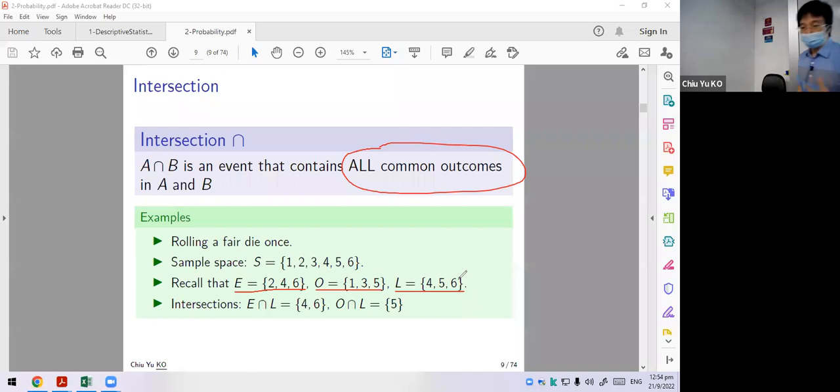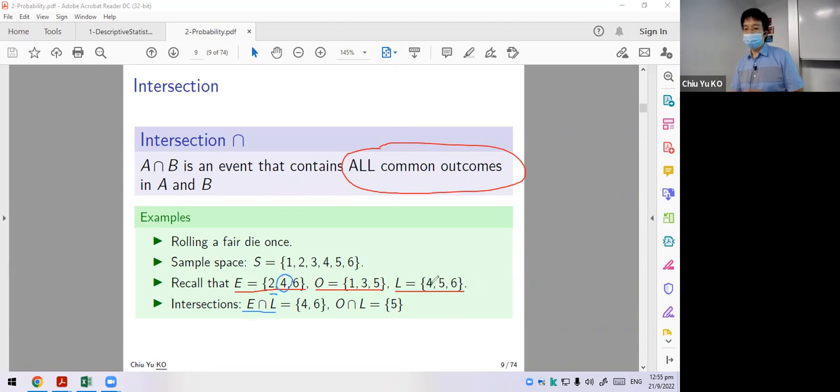how do we do the intersection? You look at two sets. If there's a common element, it will be in that set. If not, it's not. Very simple, just do it step by step. E and L: look at 2. Does 2 also appear in L? No, it's not. Look at 4.